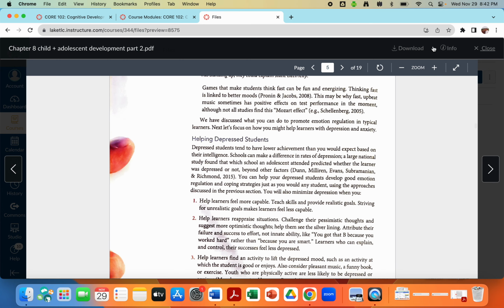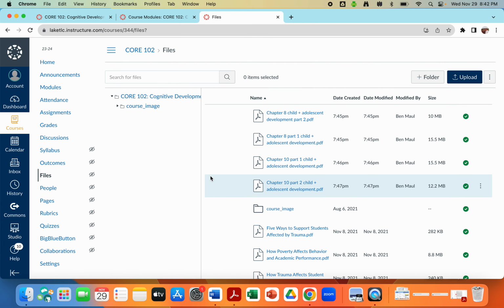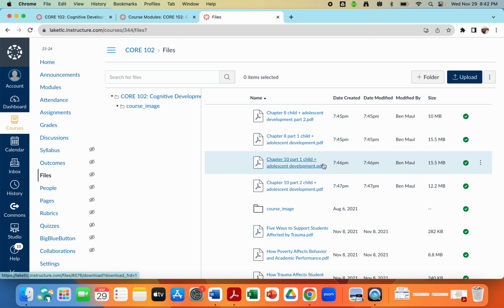I've read through the pages myself, and I'll tell you right now, Chapter 10, Part 1, Section 10.2 was probably my favorite section to read. It has a lot to do with what I work with, specifically emotional behavioral disorder and conduct disorder. There's a lot of talk about victims and bullying in there.